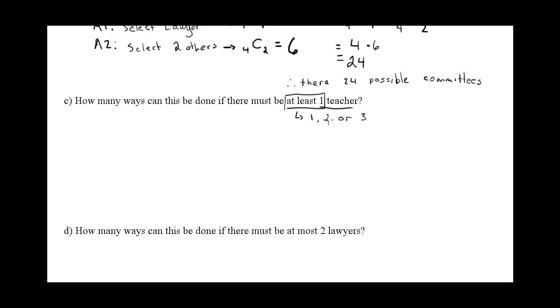So you must have at least 1 teacher, meaning you must have 1, 2, or 3 teachers. So you can do that in cases. Case 1 would be 1 teacher. Case 2 would be 2 teachers. Case 3 would be 3 teachers.